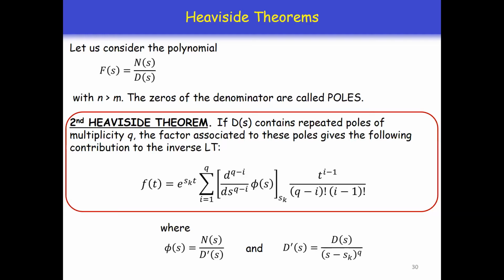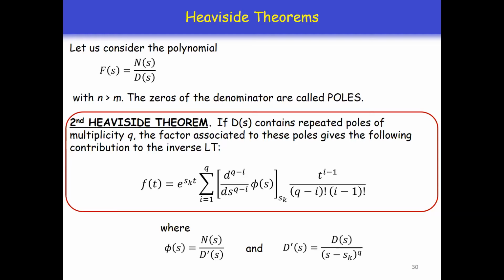Basically, this repeated pole will give a contribution that is the exponential of s_k t, where s_k is the repeated pole, and we will see an example immediately. t is obviously the time, because we are transforming back to the time domain.